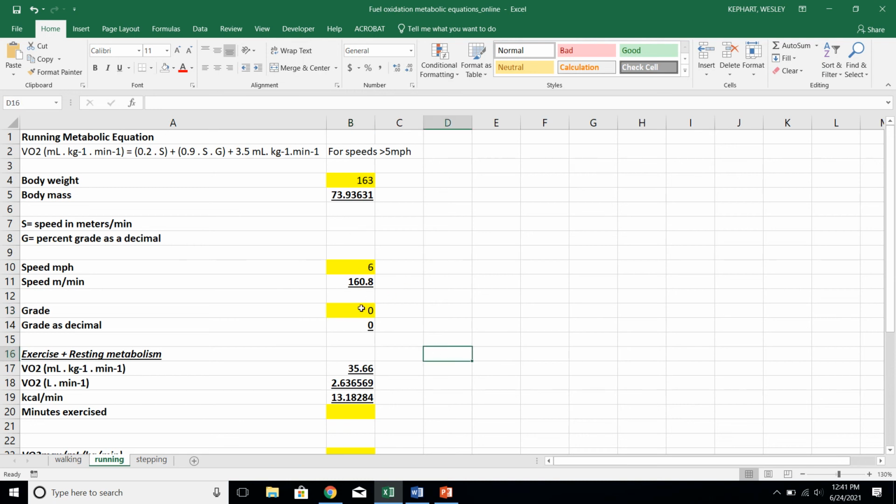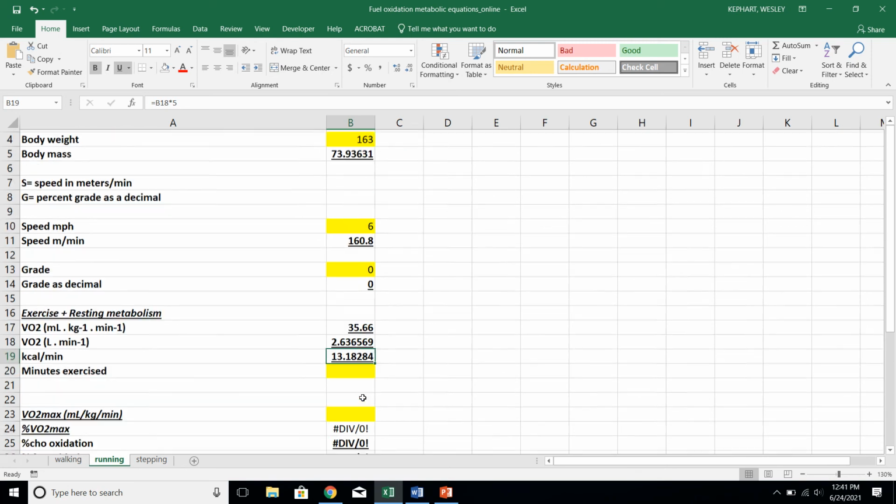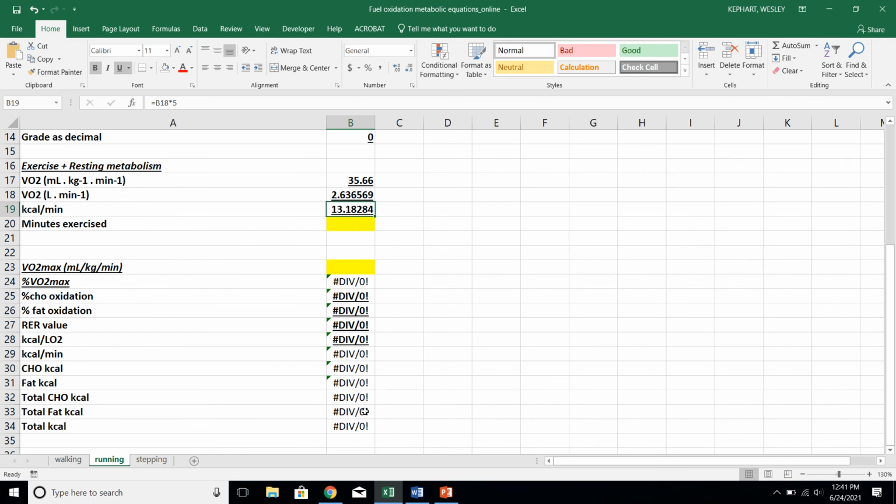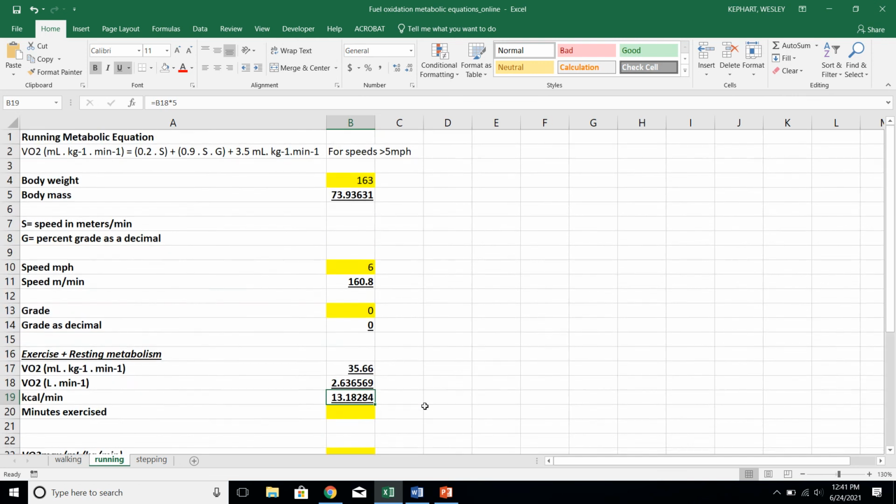So what this is predicting is that if I'm running at a 10-minute mile, 6 miles per hour, I am at a VO2, this is our relative, 35 milliliters of oxygen per kilogram body weight per minute, and my absolute VO2 is going to be at 2.6 or so, and I'm burning about 13-ish calories per minute. Probably want to go down here to look at these values because things are going to change a little bit.